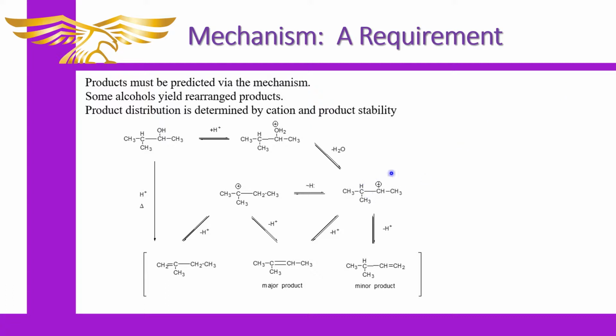And once you have the carbocation, you have to think about what would happen if it removes the nearest hydrogen and forms a product, or what might happen if there was a methyl shift or a hydrogen shift. You have to think about all those different possibilities. And you have to remember that the molecule in question wants to form the most stable arrangement. And so by following those rules, you will arrive at both the major and the minor products that will occur.